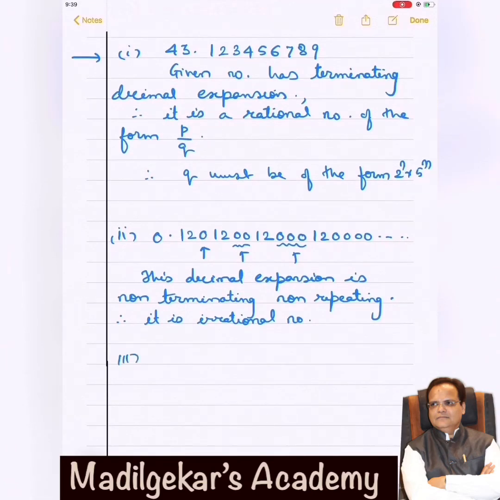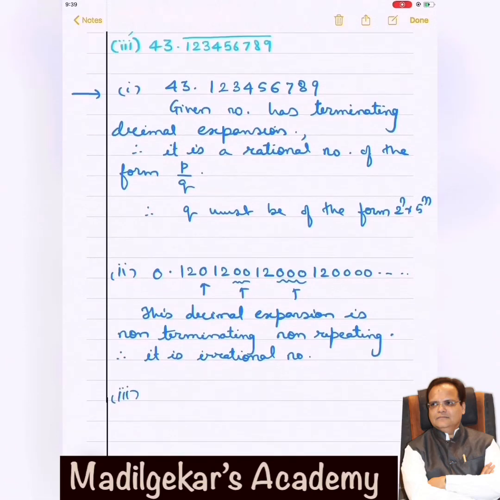Now the last bit, it is 43.123456789 bar. Means 1 to 9, they are continuously repeating.